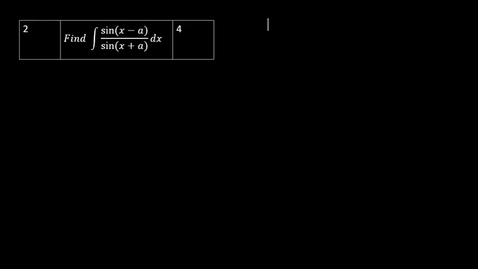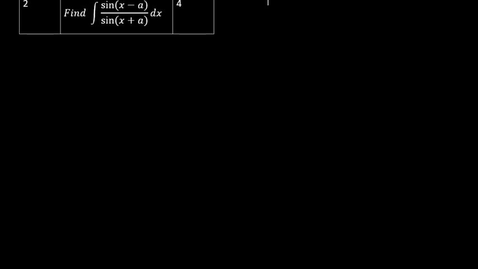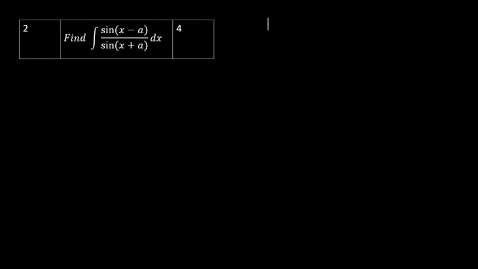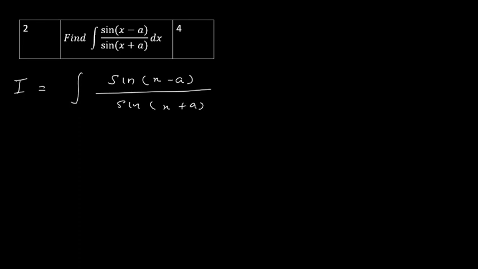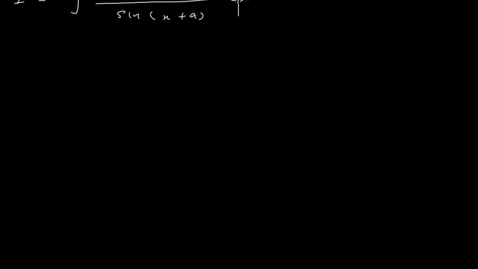The next problem is we have to integrate sine of, so here my integration I is the integration of sine of x minus a divided by sine of x plus a. Okay, now tell me what we do here, how we should proceed with such kind of problem.